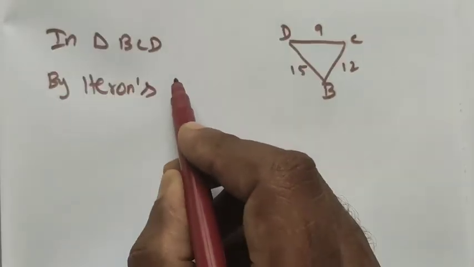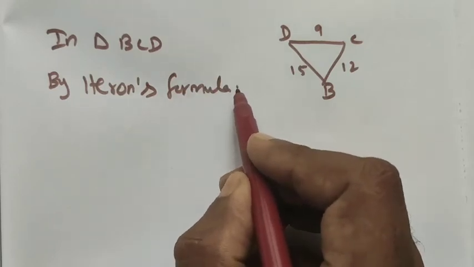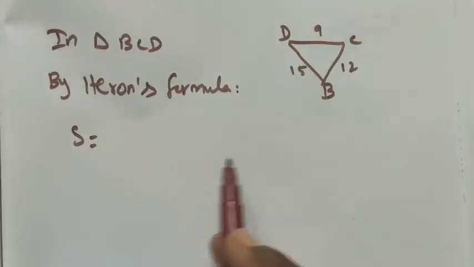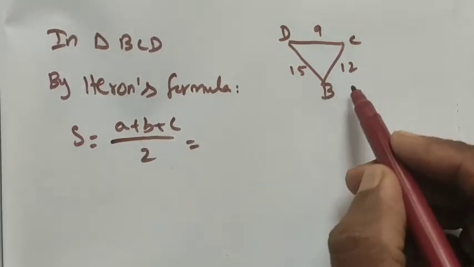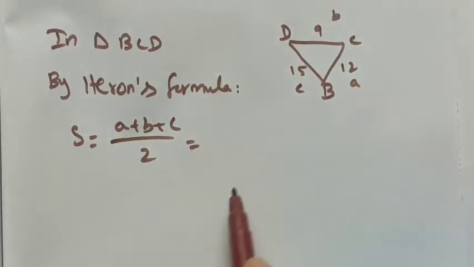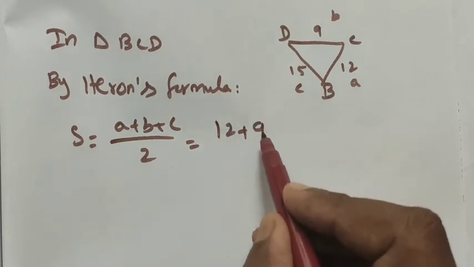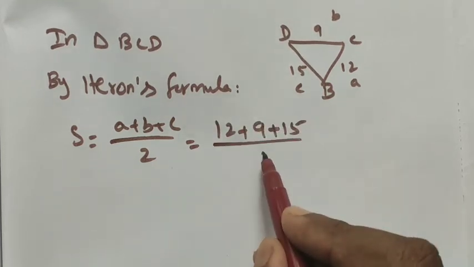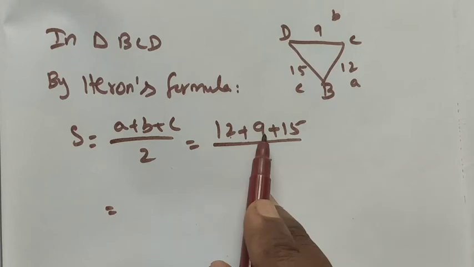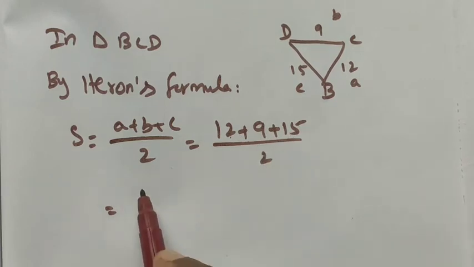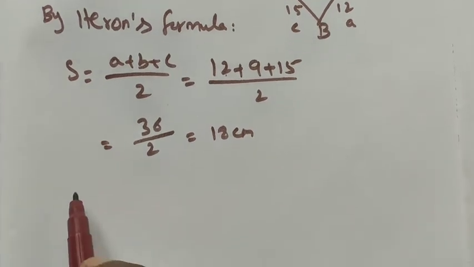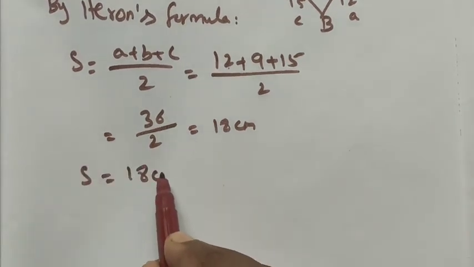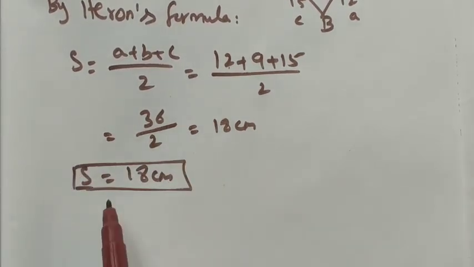We want to find the semi-perimeter of the triangle, that is A plus B plus C divided by 2, which is 12 plus 9 plus 15 divided by 2, 12 plus 9 is 21, plus 15 is 36, divided by 2 is equal to 18 centimeter. So the semi-perimeter is equal to 18 centimeter.